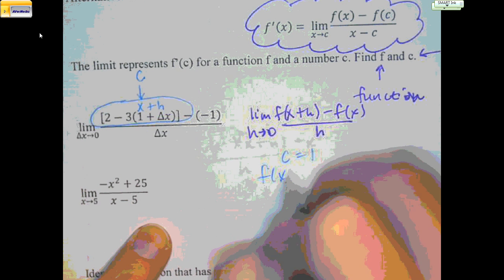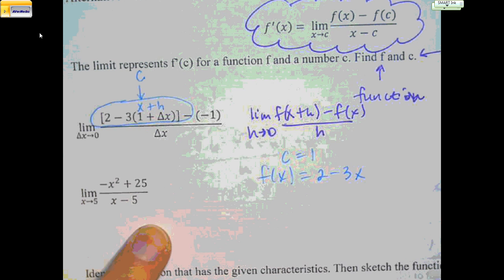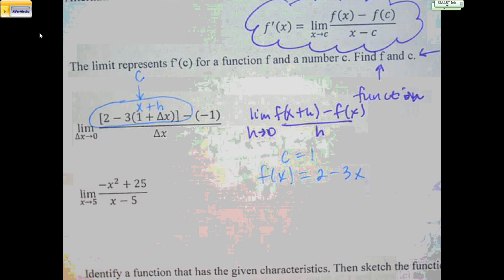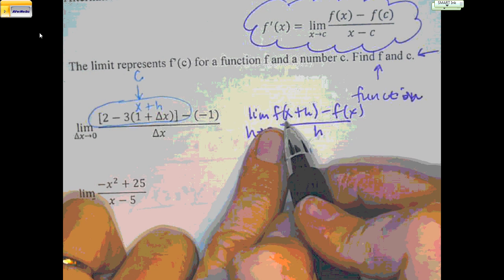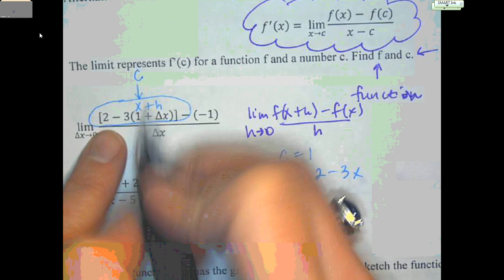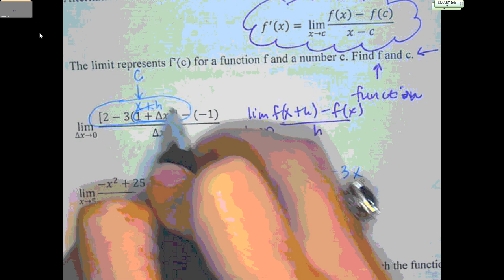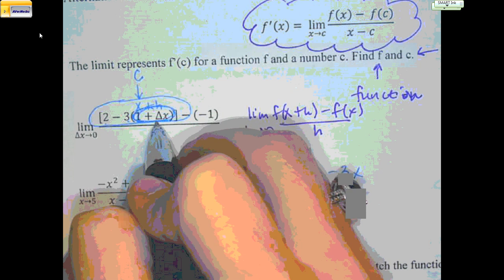So f at x equals 2 minus 3x. And that's it. That's how you do those. There's no steps to show. You just look at it and figure it out. I'm plugging in everywhere I saw an x, I put in x plus h, so I know that originally this piece right here was just x. So 2 minus 3x. Does that make sense?